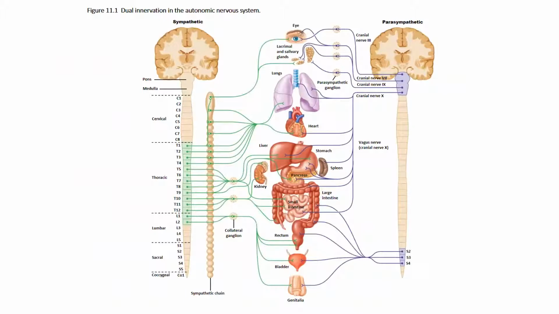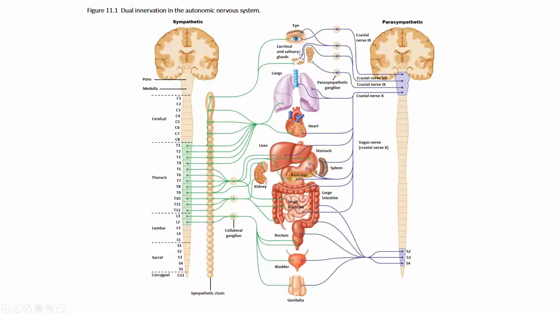All right, so this image helps us to understand the anatomy of the autonomic nervous system. And this is a schematic representation. So this is not how it is in the body, but this is going to help us make sense of what's going on. So on the left, what we're seeing is the spinal cord and the sympathetic nerves that are going to these various target organs.